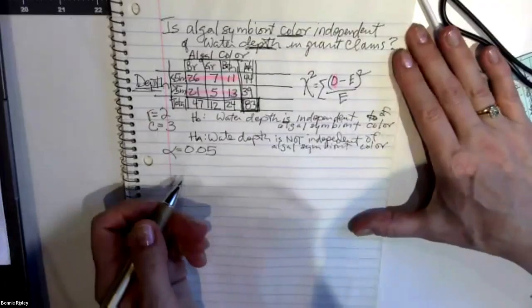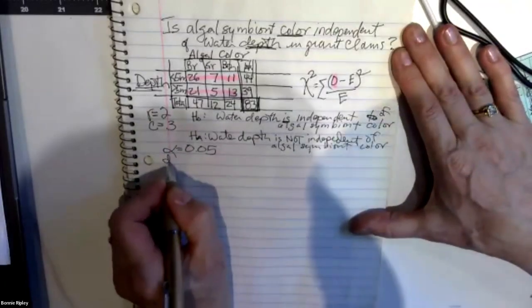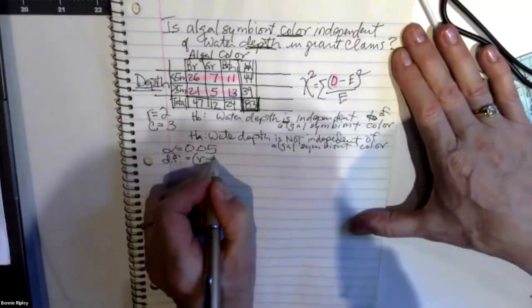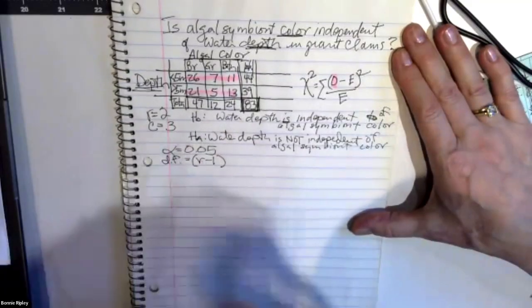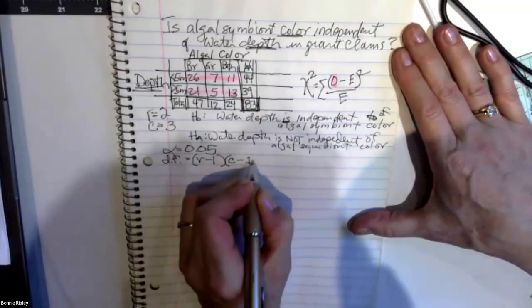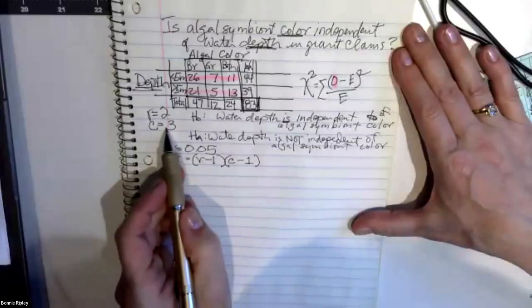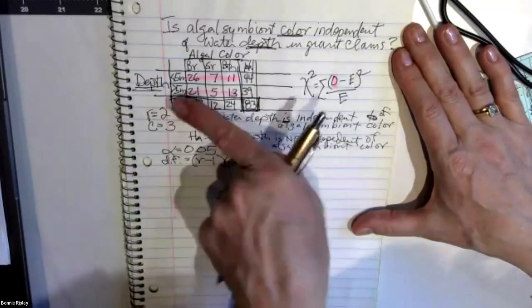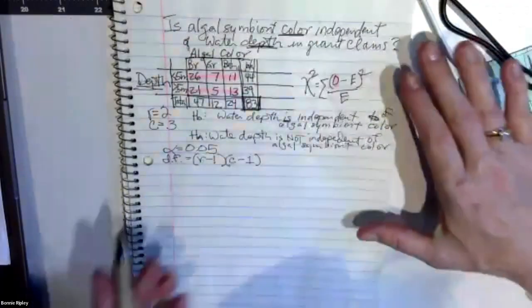And what else do we need? Oh, we're going to need our degrees of freedom. That's going to be little r minus 1, where little r is the number of rows that we have, multiplied times little c minus 1, the number of columns. You can also think of it as blocking out one row and one column and seeing how many you have left over.